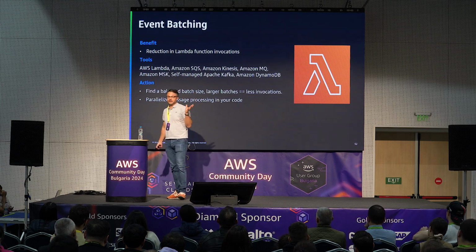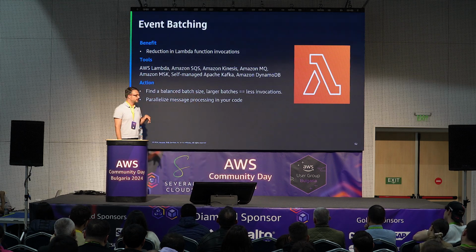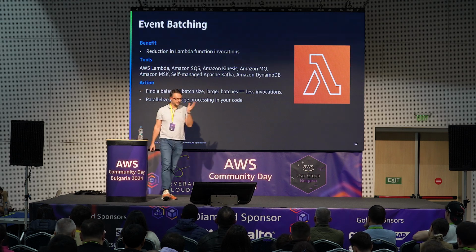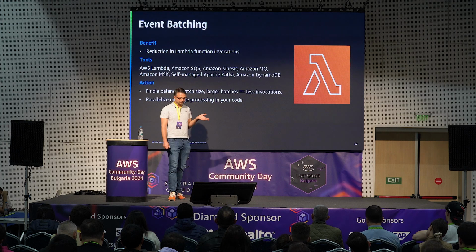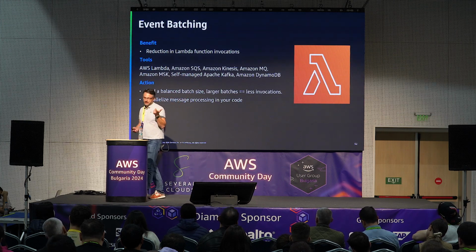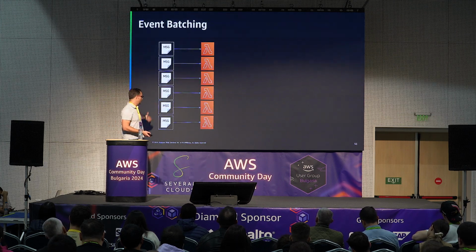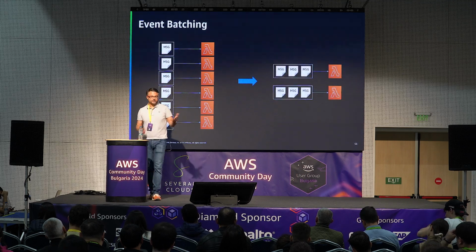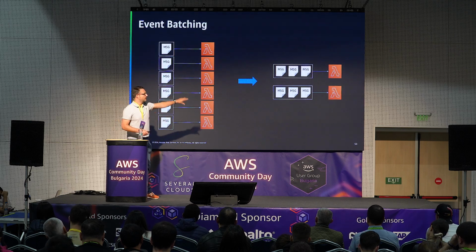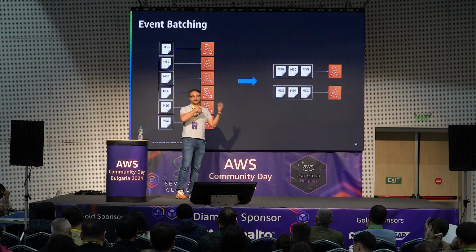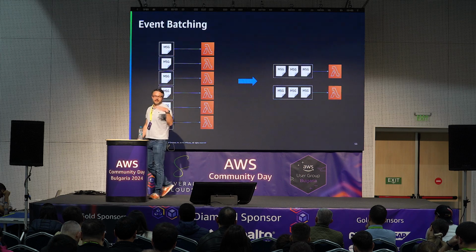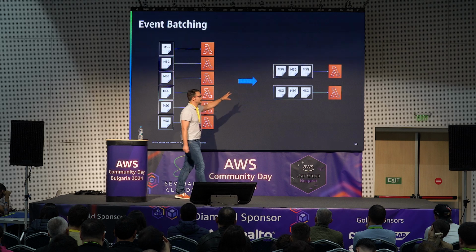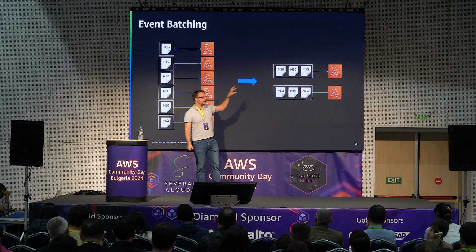Another common technique for such types of invocations, again, if you consume events from SQS, from Kafka, from Kinesis, is that you can also configure batching. You don't need to invoke a Lambda function for each separate message, for each separate record. You can configure the event source mapper, which polls and gets all those messages out of SQS or out of Kinesis, to group them in batches and then invoke only one Lambda function for a specific batch.